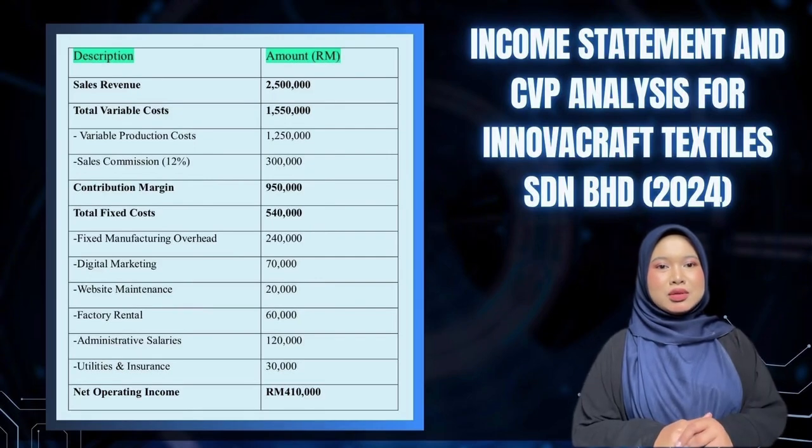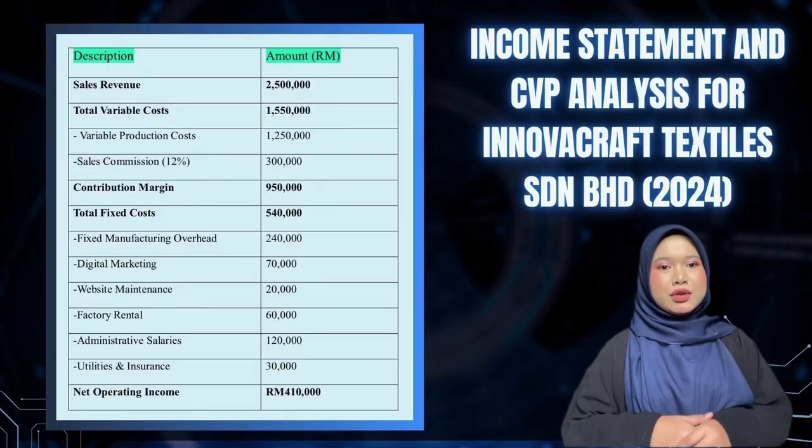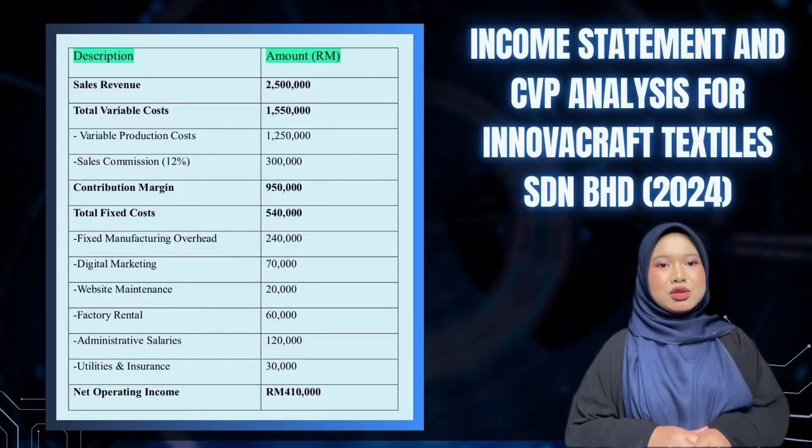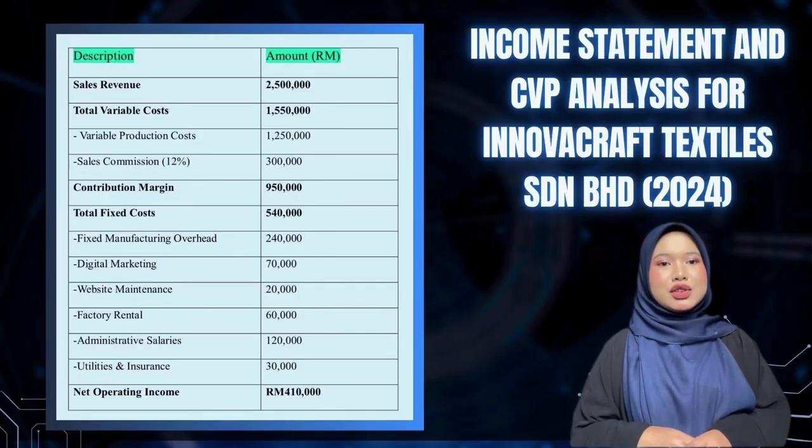So, let's now look at the income statement for 2024 in the CVP format. Firstly, sales revenue from 100,000 units is 2,500,000 ringgit. Then, the total variable cost is 1,515,000 ringgit, which included 1,215,000 ringgit in production costs and 300,000 ringgit in sales commissions.